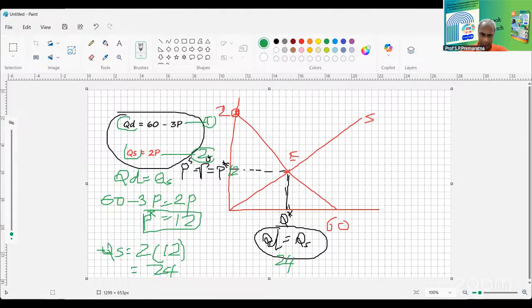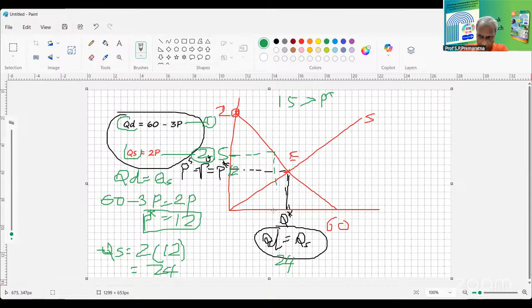Now the second point you have to understand: the price set above the equilibrium price. Let's say 15. 15 is higher than the market price, above the market price. Now, what happened?